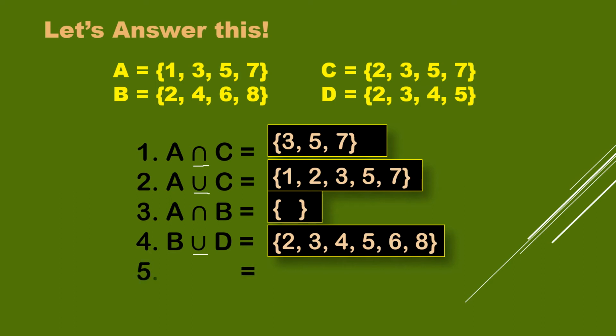And last, C intersection D. So, tingnan nyo ang given ni set C at saka ni set D. May common elements ba ang dalawang sets? Right, meron. At ito ay 2, 3, and 5. Magaling. Naintindihan nyo na ba?